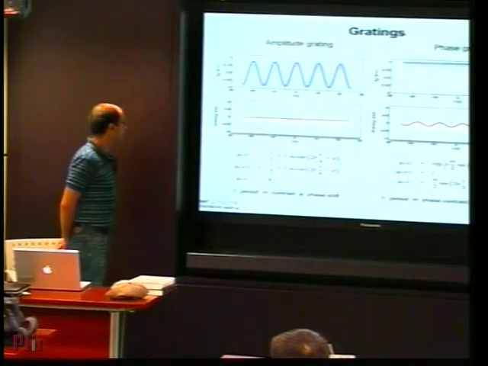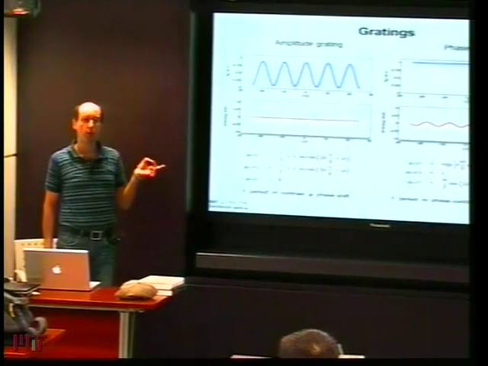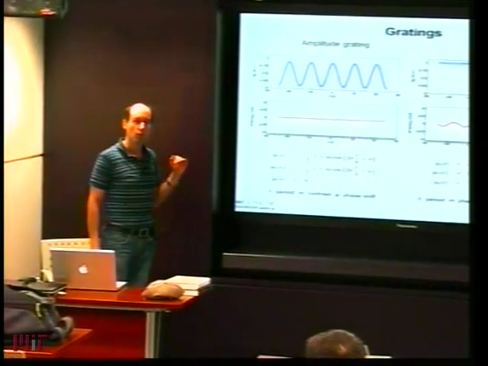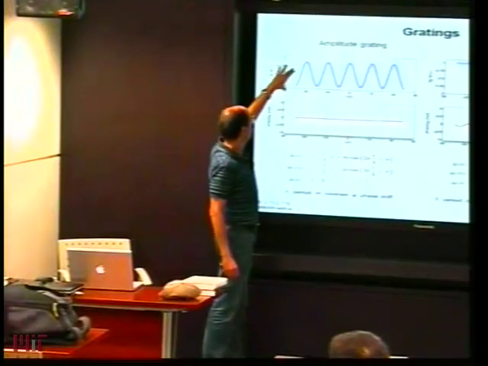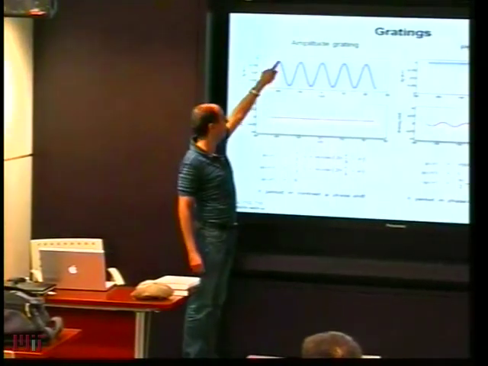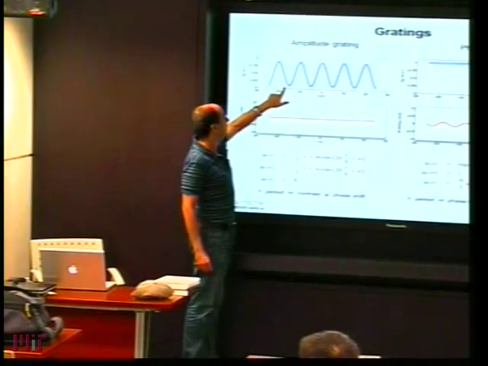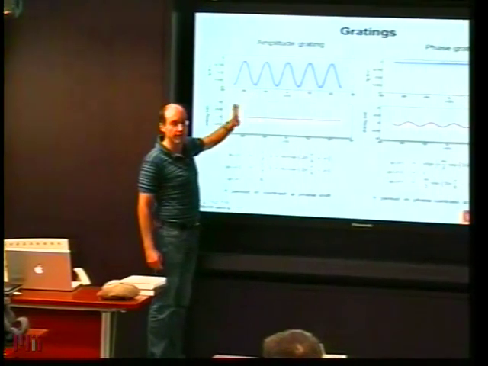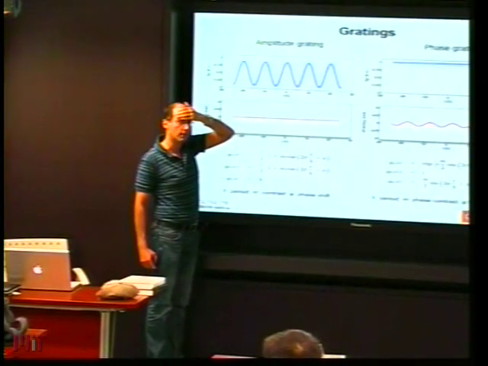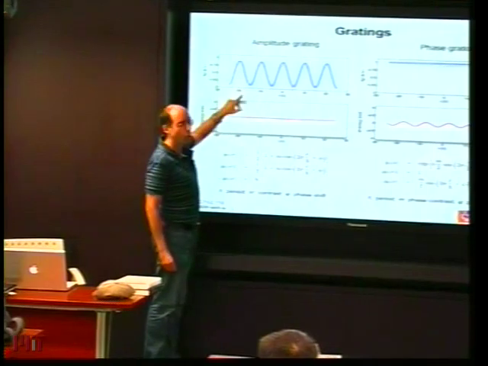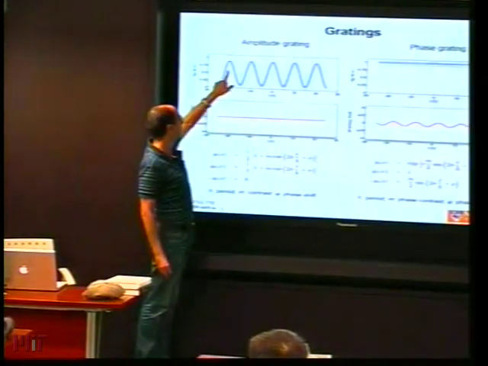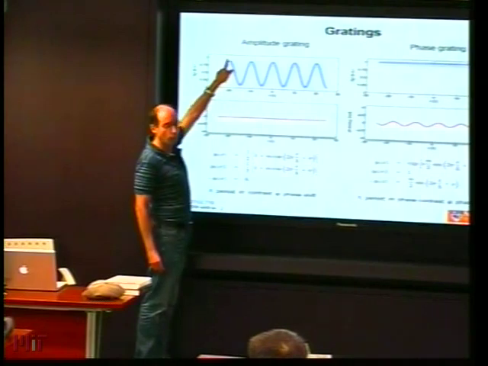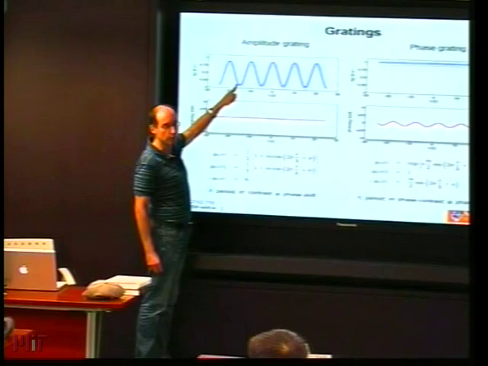Then M, we saw the symbol M also when we talked about interference. We called M the contrast between the brightest and the darkest part of a fringe in an interference pattern. In this case, we still call it contrast, but it is between the most transmissive part of the grating and the darkest part of the grating.